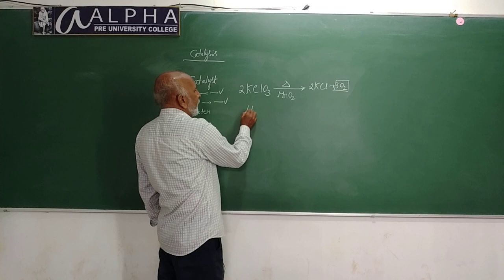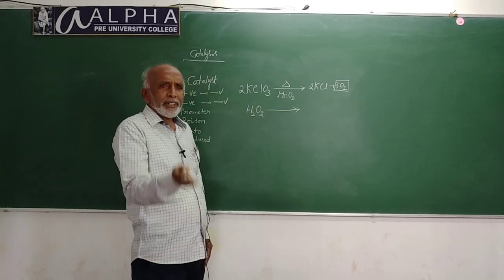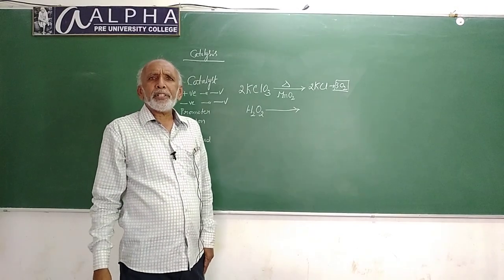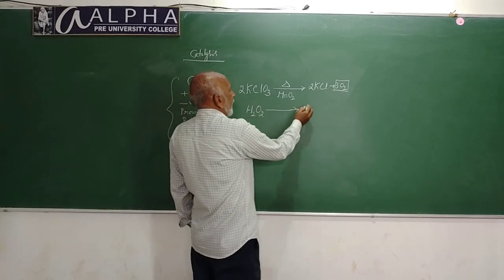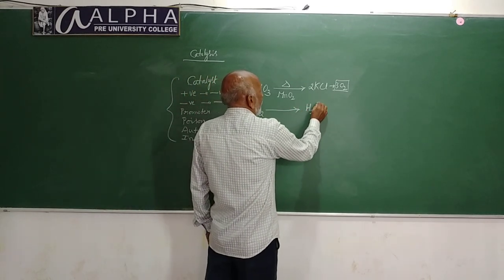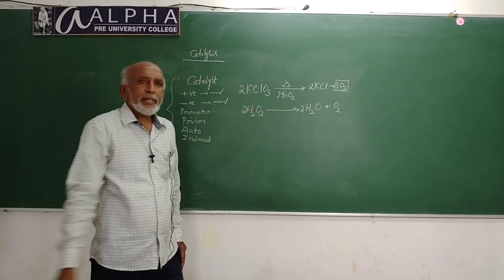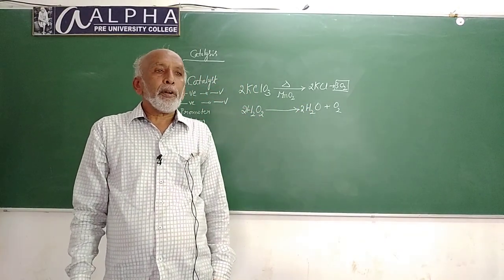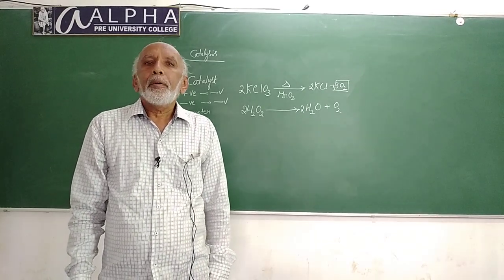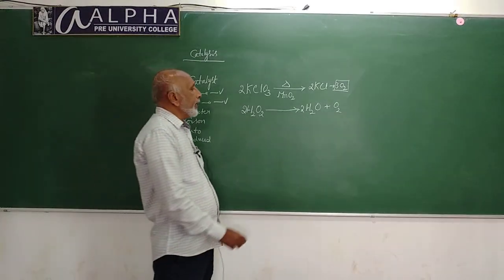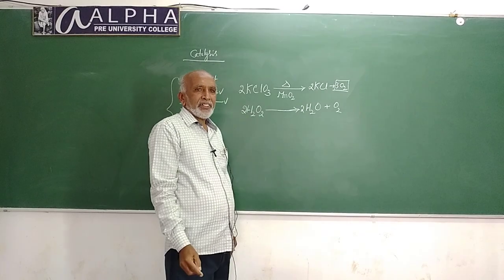See, H2O2, hydrogen peroxide, easily decomposes. Even at ordinary temperature, it undergoes decomposition to give H2O and O2. This decomposition of hydrogen peroxide can be reduced by adding a little amount of negative catalyst.